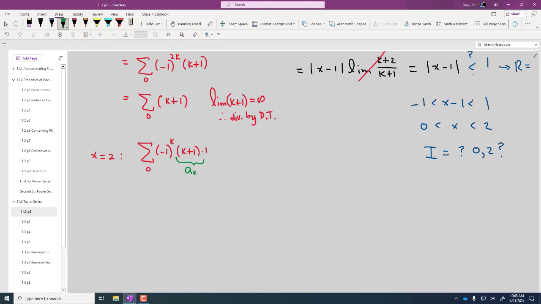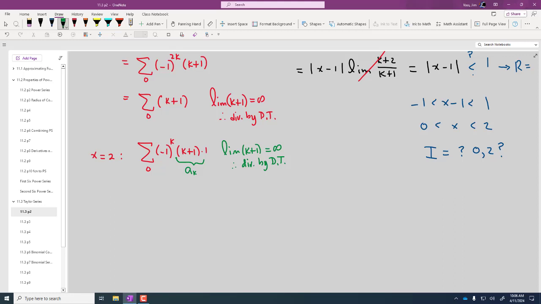And does this converge or diverge? So it's going to diverge. You can say diverge by the alternating series test. You can say diverge by the divergence test. It doesn't matter. But we have the same conclusion as above. That limit is infinity, therefore it diverges. And you can say by DT or by AST. Doesn't matter. The terms are not going to 0.